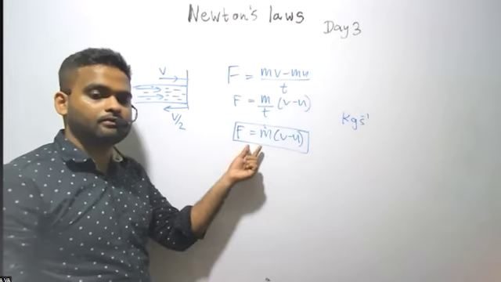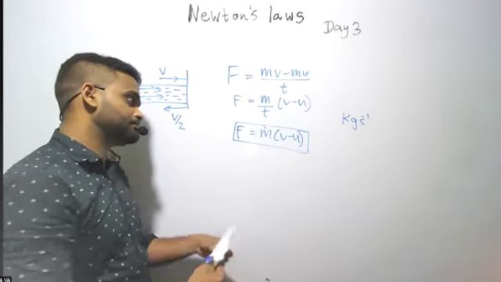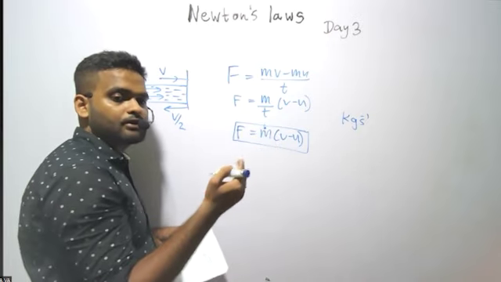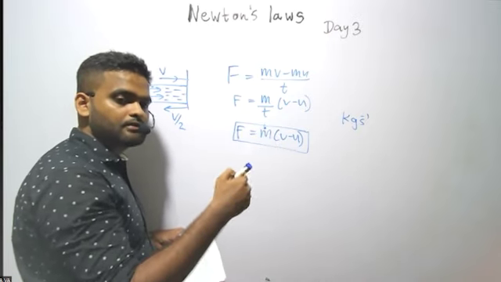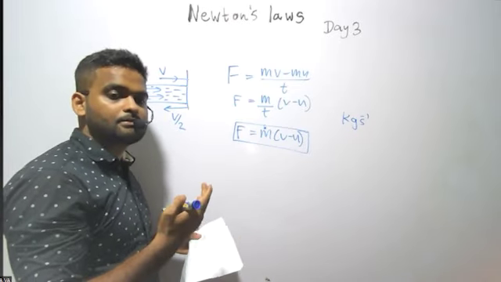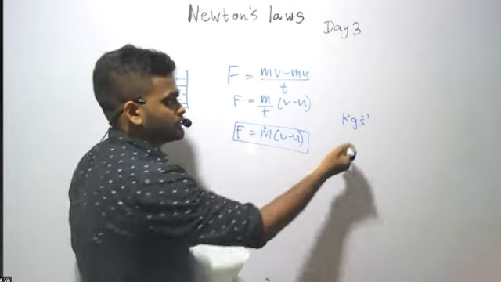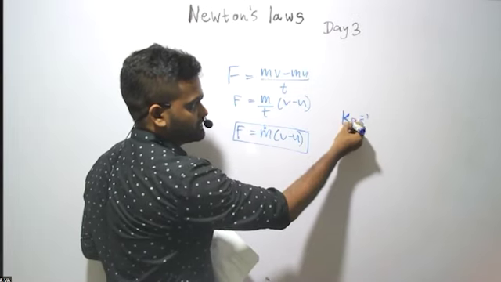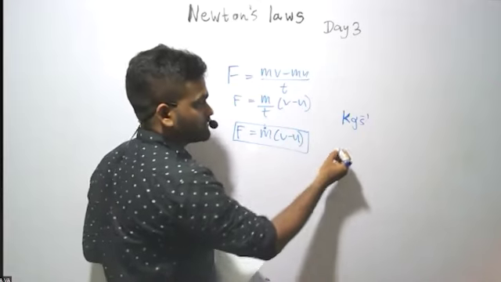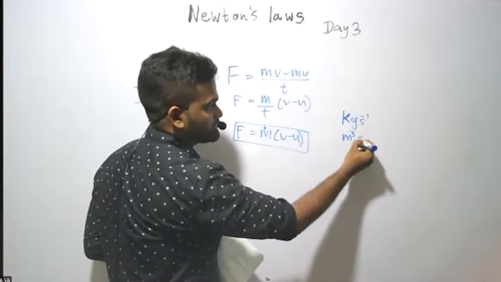So this is the form of F equals ma you need to apply whenever you get a question regarding flow rates. It could be volume flow rate or it could be mass flow rate. Mass flow rate is measured in kilograms per second. Volume flow rate is measured in what? Cubic meters per second, right?